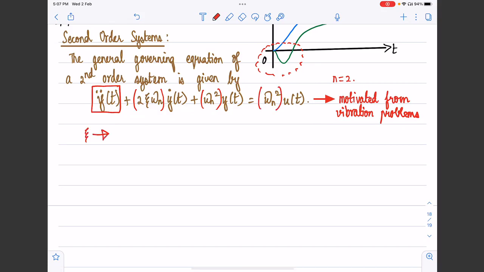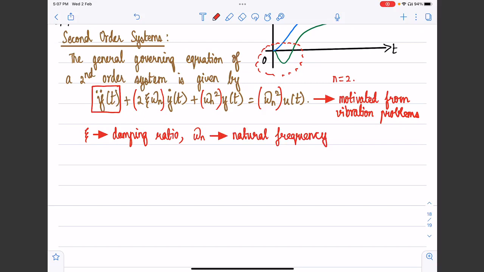This parameter zeta is what is called the damping ratio of the system. We'll see what this is as we go along. The parameter omega n is what is called the natural frequency of the system. The damping ratio comes in because there is some damping or friction associated with the corresponding phenomenon.